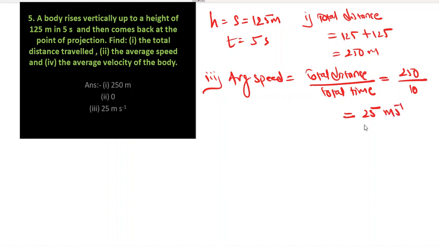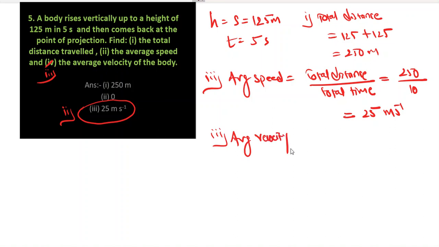Find the average speed and average velocity. See, this one is a mistake. Actually, this is the answer for the second one. And the third is, yeah, so here also there is a mistake. It should be number 3. Okay, so number 3 is average velocity. Average velocity is nothing but total displacement upon total time.